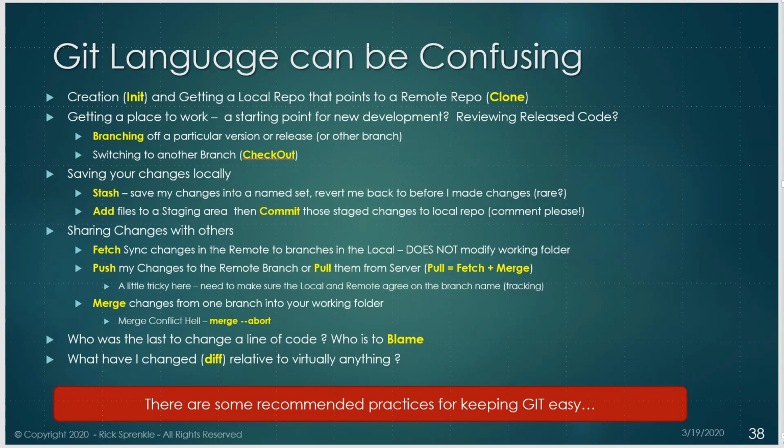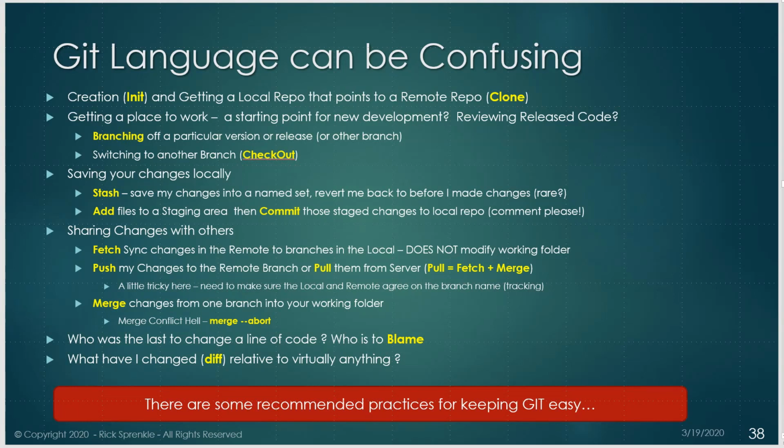Once you're confident that your changes are ready to be shared, you're going to push those changes to the remote branch. There's a pull command, which is symmetric to the push. Push sends your files up to the remote. Pull brings them down, but pull is really just a combination of a fetch and a merge.